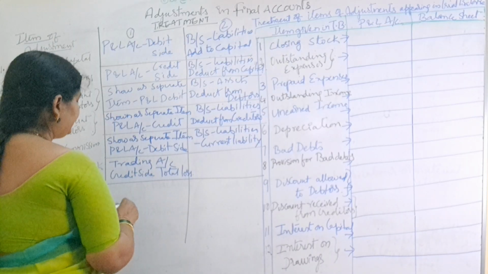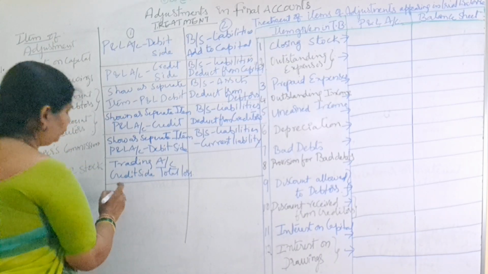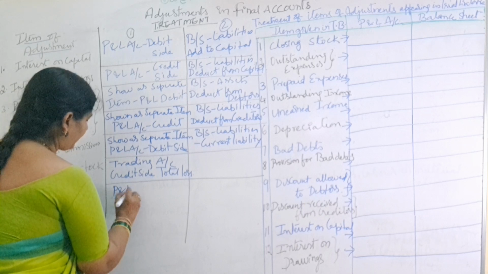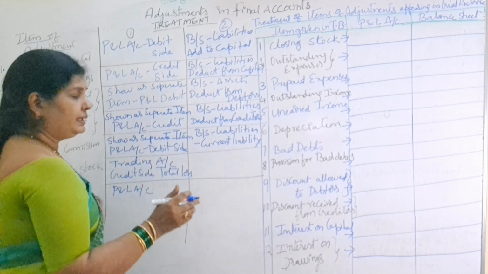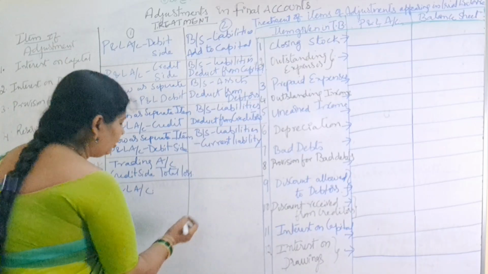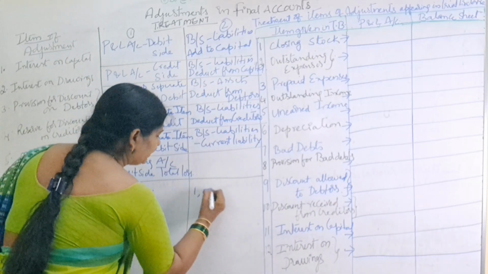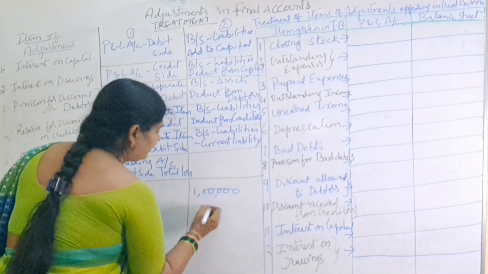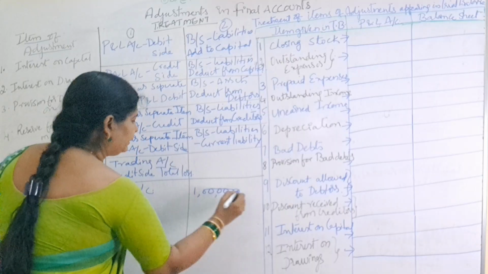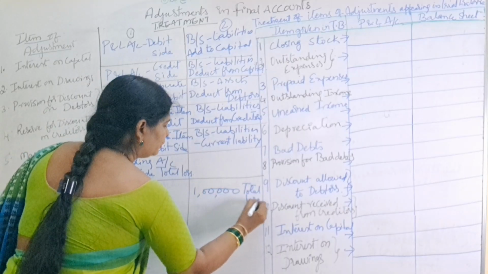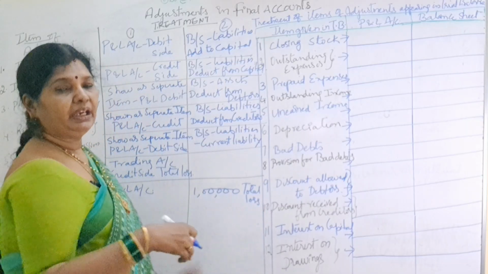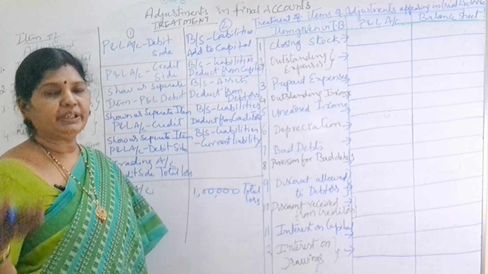Next, what is the second effect? Go to the profit and loss account. Again, for example, if the loss is rupees 1 lakh, how much total loss occurred? 1 lakh. This is the total loss. Out of that, we already have insurance.